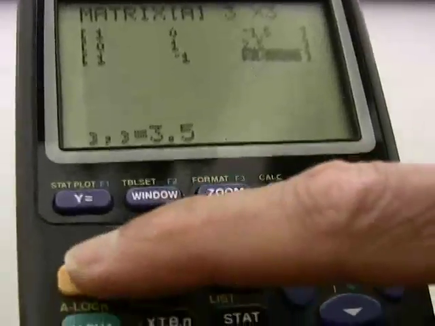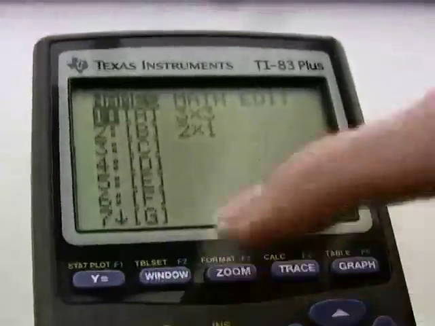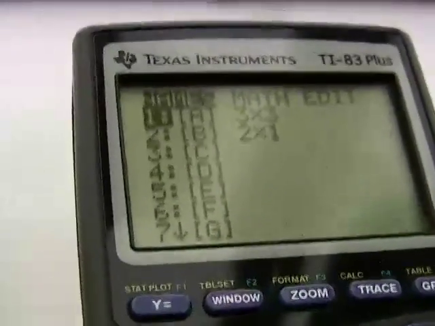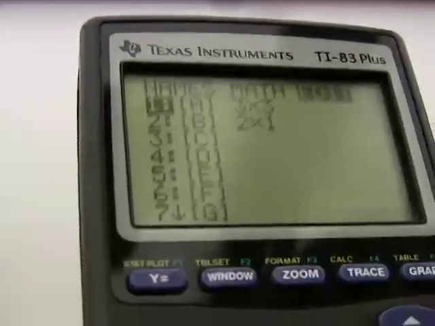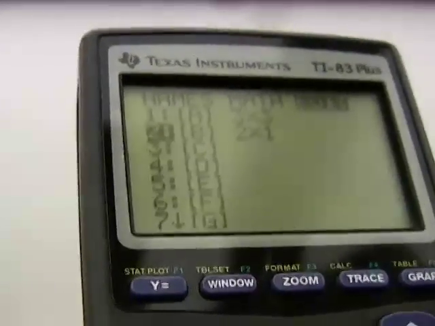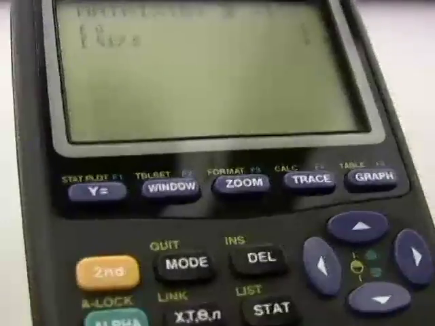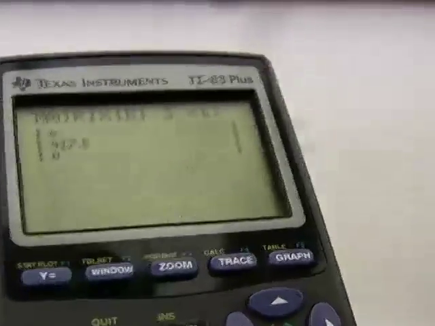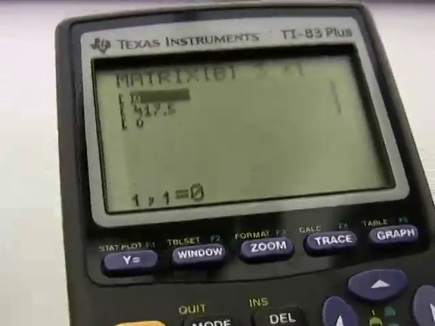Matrix B, let's go second x inverse and go to edit, 2 places to the right and 1 down, matrix B. Matrix B is going to be a 3 by 1 matrix. 3, enter, 1, enter, and write down the values on the right side.